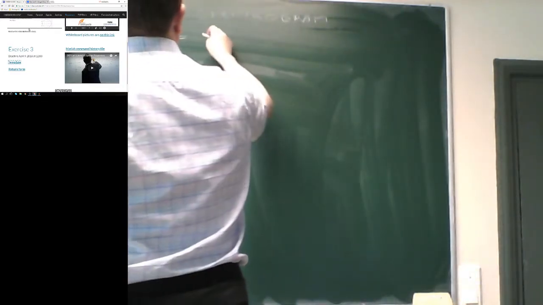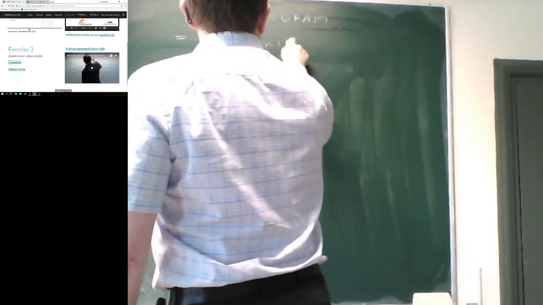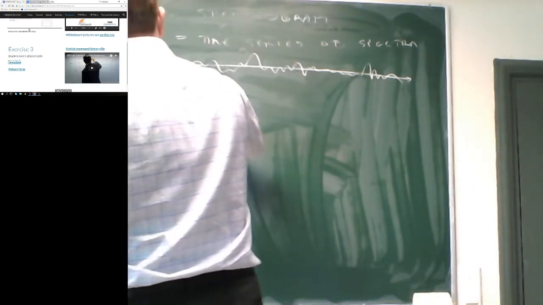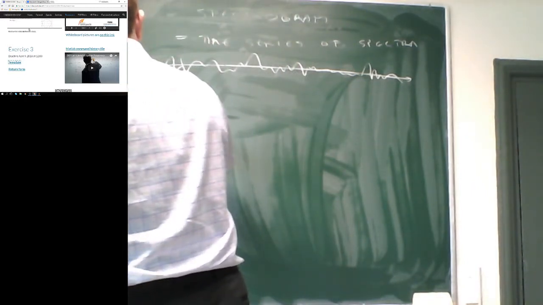That's actually a time series of spectra. If we have a very long signal sample and want to know what happens in this signal, we start subsampling it. This is our first subsample. Then we calculate the fast Fourier transformation to make the spectrum.